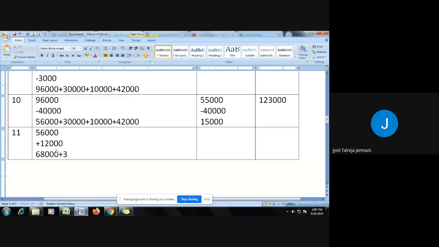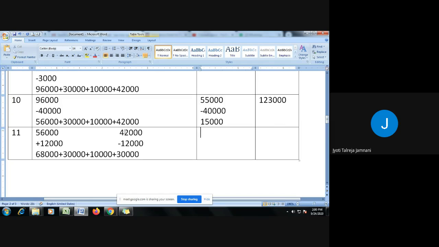So 56 plus 12, it will be 68,000 cash, plus 30,000 is our goods, plus 10,000 is furniture, and plus 42,000 were the debtors, from which 12,000 have already been paid. So now our new debtors will be 42,000 minus 12,000, that comes to 30,000.